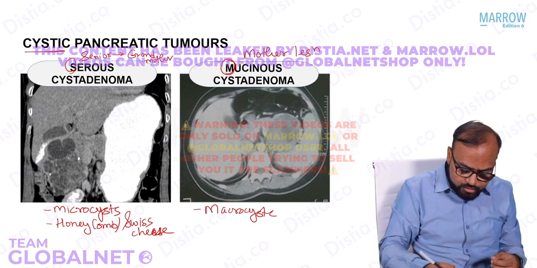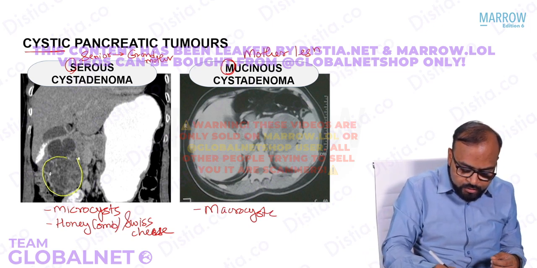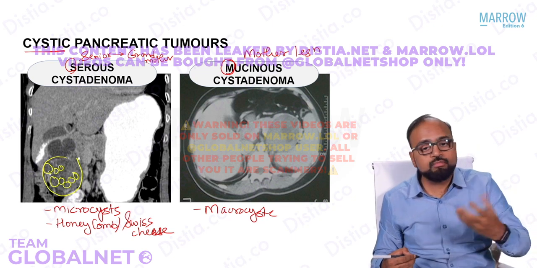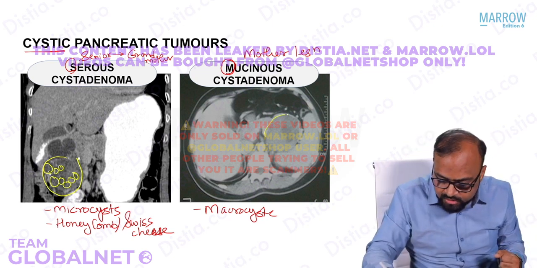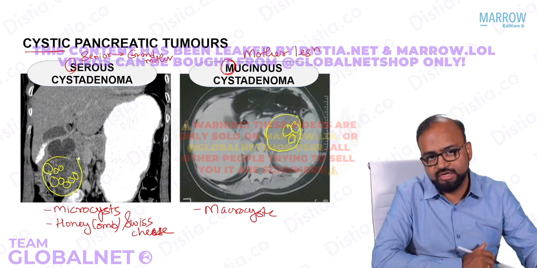So look at this coronal reconstructed CT image here. In the head of pancreas there is a lesion, but can you see there are multiple small cysts within that particular lesion. So these are microcysts, honeycomb Swiss cheese appearance, right? Whereas in mucinous, as you can see here, this is a big cystic lesion. There are some macrocysts within it. So this is called a mucinous cystadenoma.